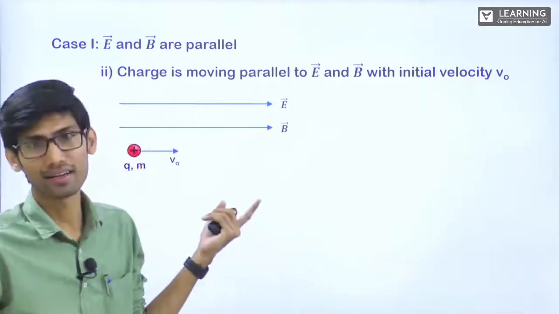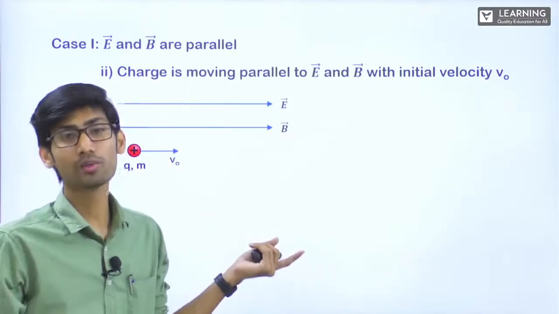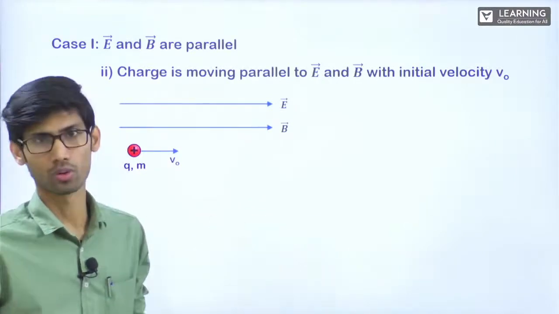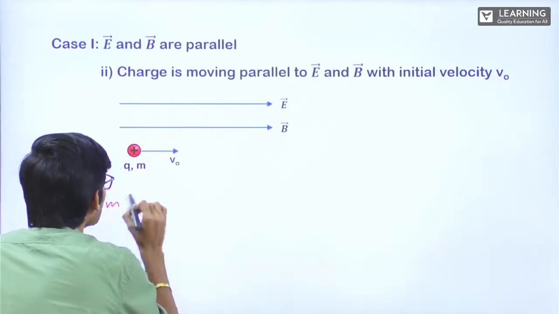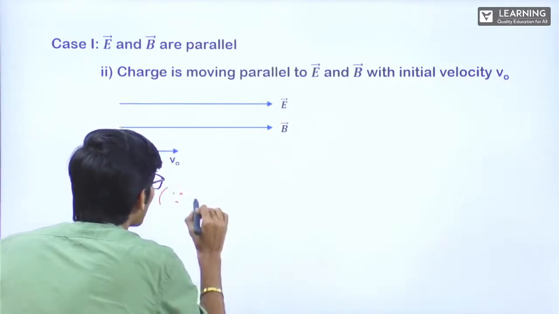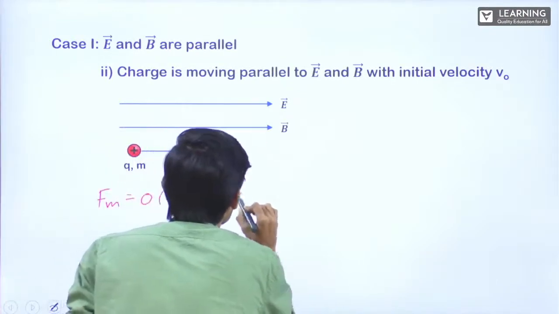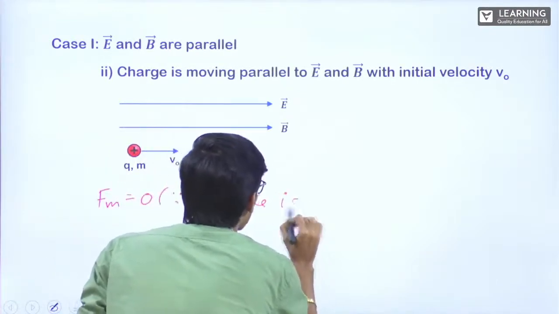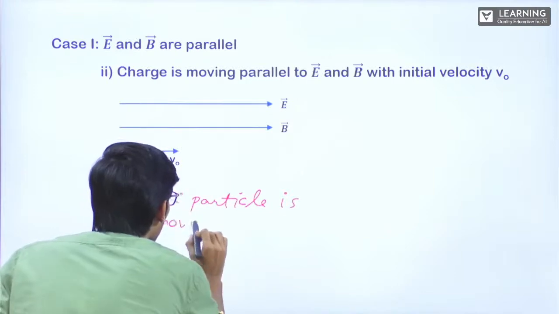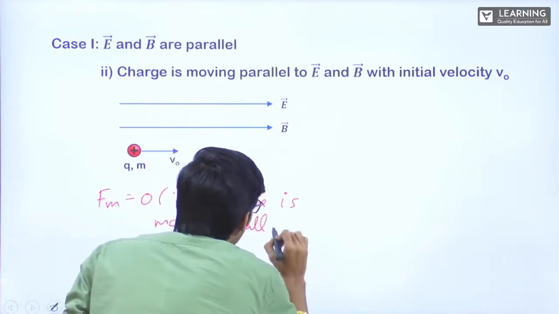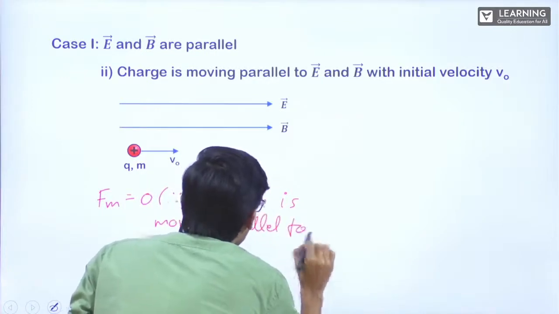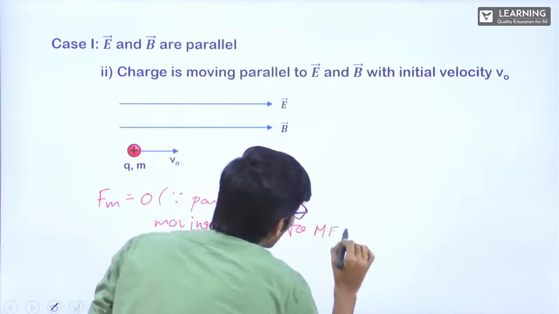When theta is 0, qvB sin 0 is 0. So here the magnetic force is equal to 0 since the particle is moving parallel to the magnetic field. Clear?